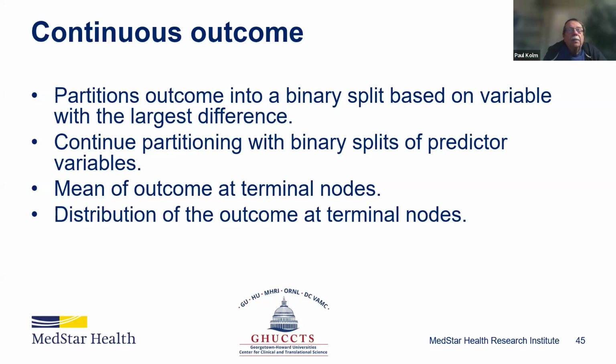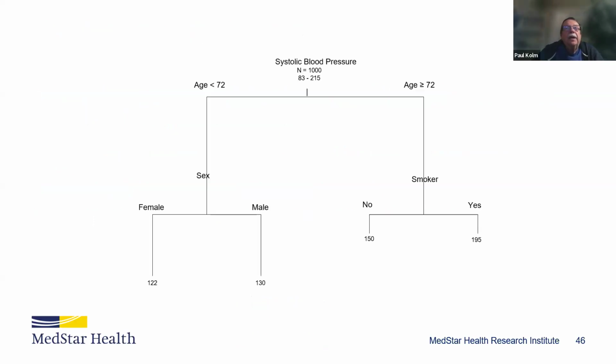So what we have here is a made-up example where we're looking at systolic blood pressure. I'd have 1,000 patients, and the blood pressure ranges from 83 to 215. Our first split comes with age, age greater than or equal to 72 versus age less than 72.